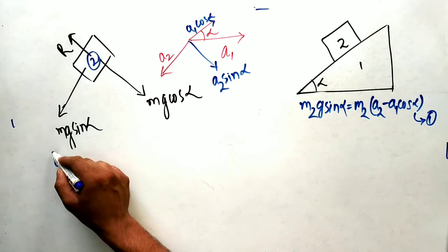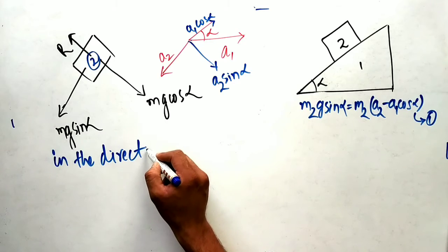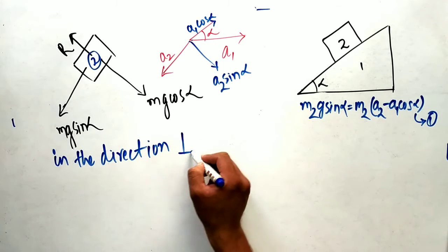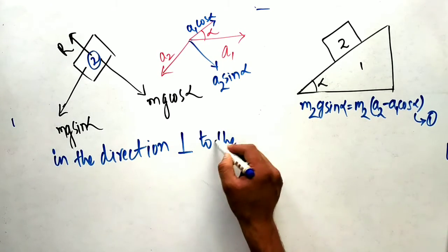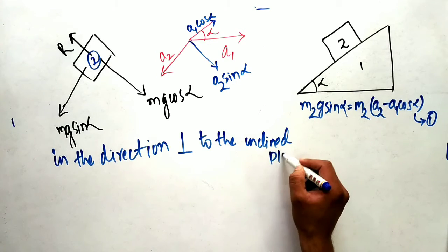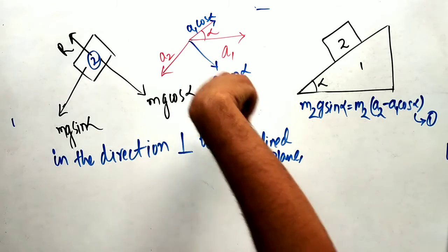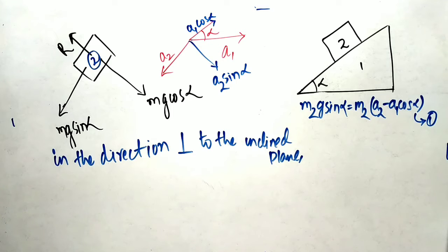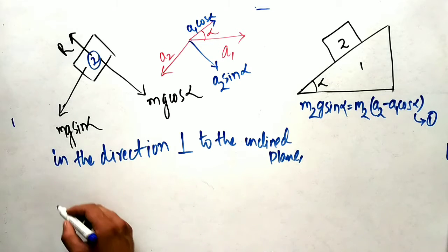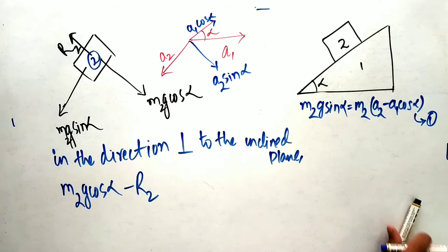Now we'll talk about the direction perpendicular to the surface, to the inclined plane. I mean this way. The forces acting in this direction are m2g cos alpha minus r2.